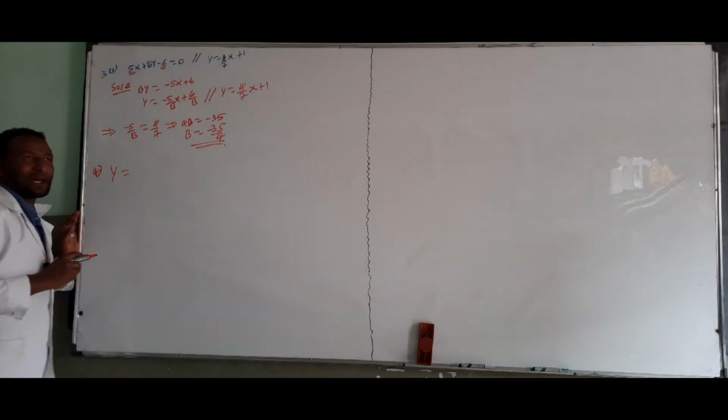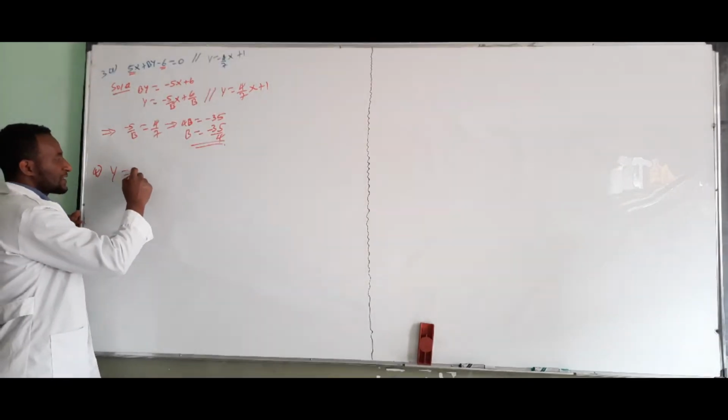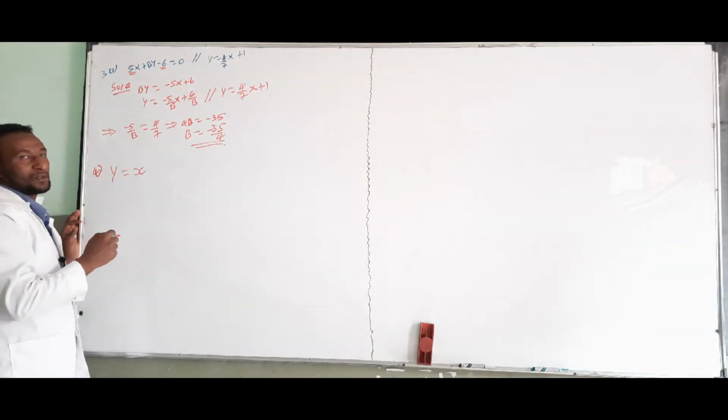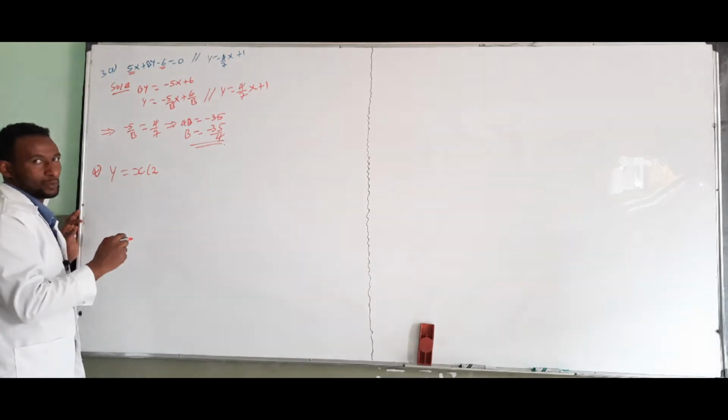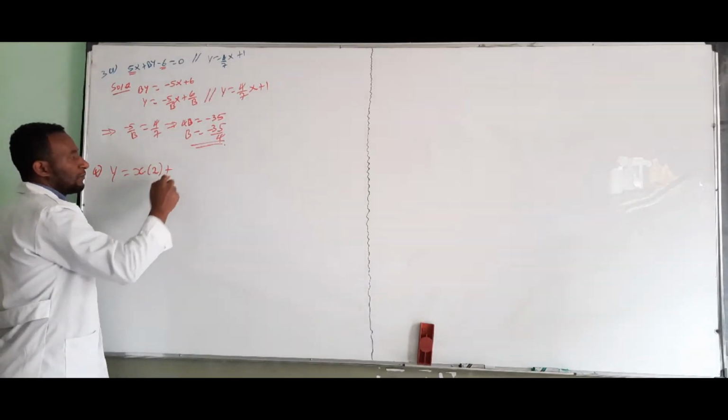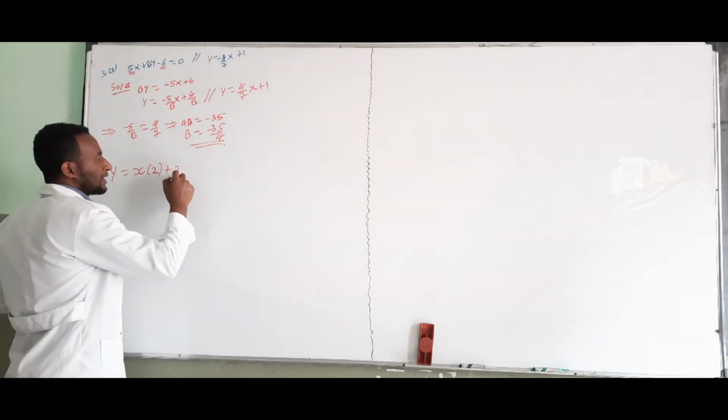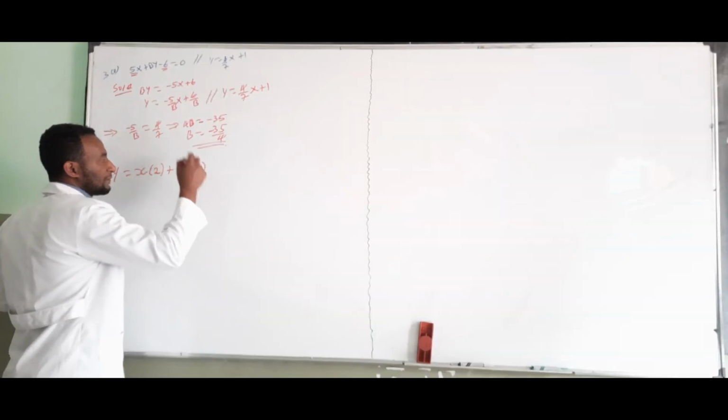The total amount that the car rental company charges is y is equal to: when the car is moved x kilometers they charge 2 birr per kilometer, plus for 5 days it becomes 20 times 5.